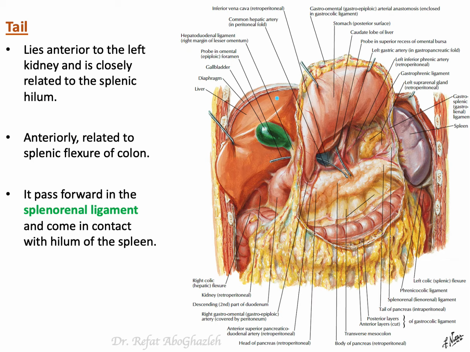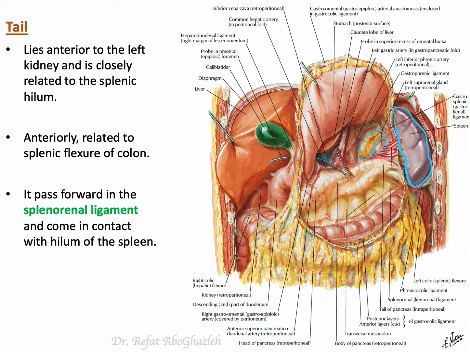Now lastly, which is important, the tail of the pancreas. Look at the tail. Let me show you the shadow of the upper pole of the left kidney. This is the upper pole of the left kidney, and this is the left suprarenal gland, and of course this is the spleen. And if you dig deep, guys, you will find there is a ligament between the kidney and the spleen.